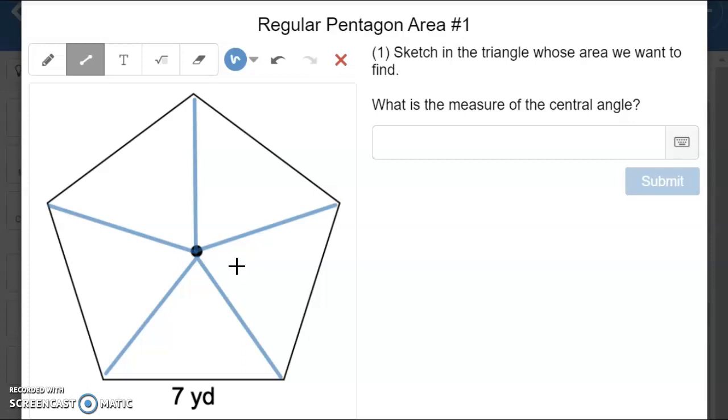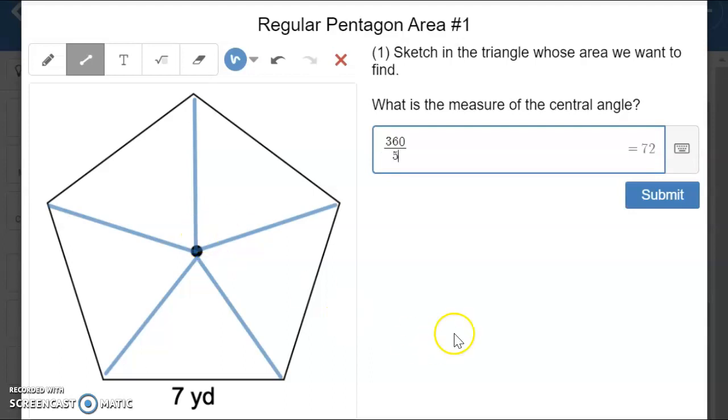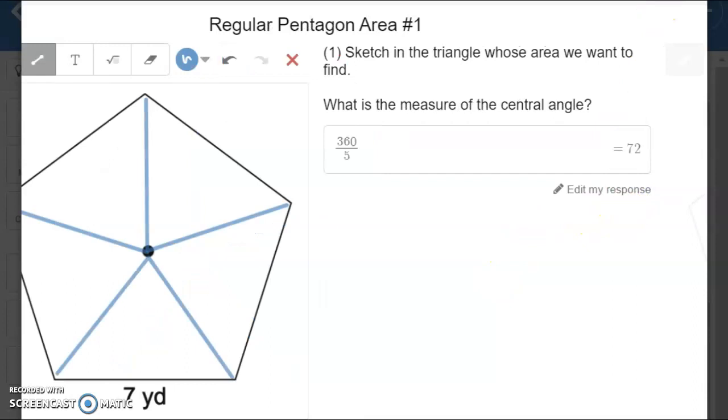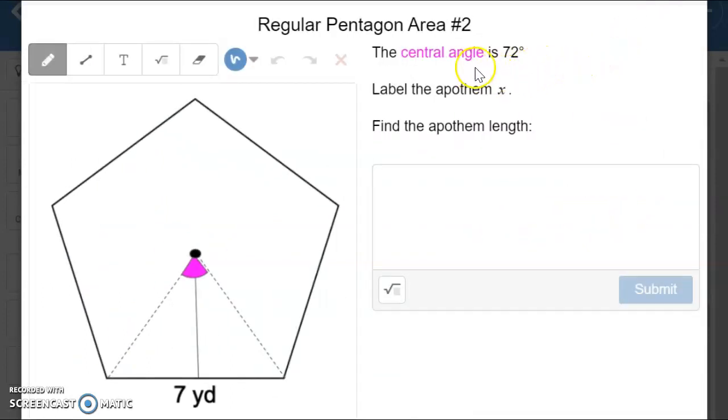Well, we know that the complete rotation is 360 degrees, and it's going to be shared by 5 equal measures. So it's 360 divided by 5, which is 72. So the central angle is 72 degrees.